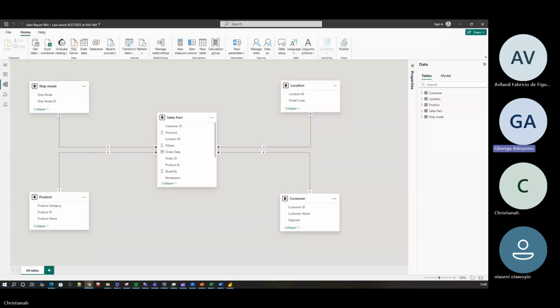Small buses, it might not be the same, unless we have one dimension table that has ship mode, where maybe the first to the fourth row is the ship mode for inventory, and the fifth to the tenth row is the ship mode for customers.